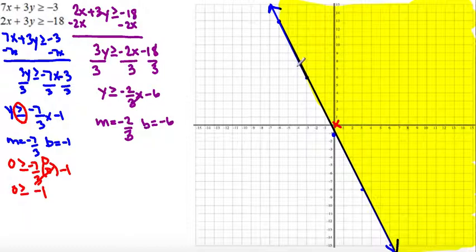Okay, so now to graph, start at negative 6, and then the slope tells me to go down 2 to the right 3.